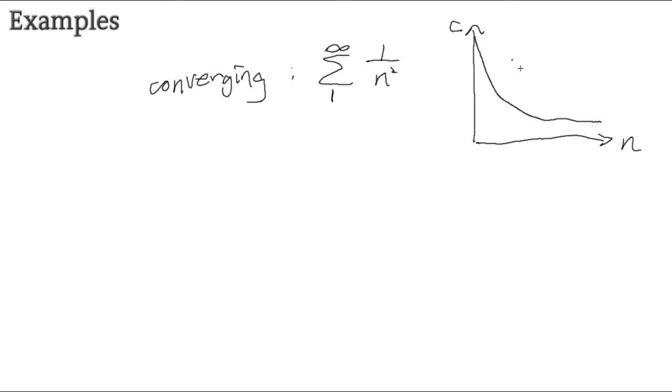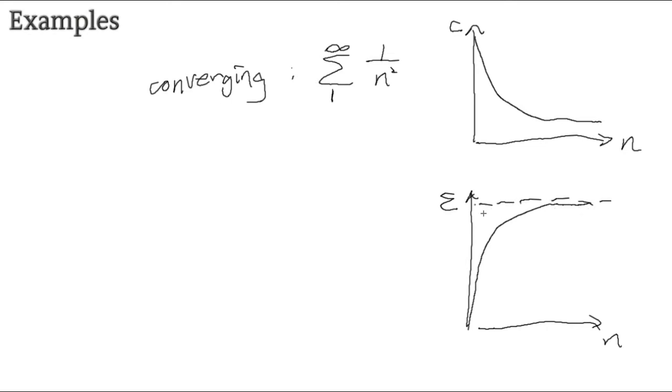So the sum of the graph should look something like this. So the sum up to n would look more like this. So it approaches a stable value. This stable value is the limit of the sum, and when a series is converging, it converges to a certain value x. X can be any real number.